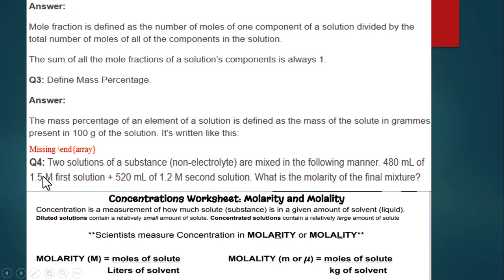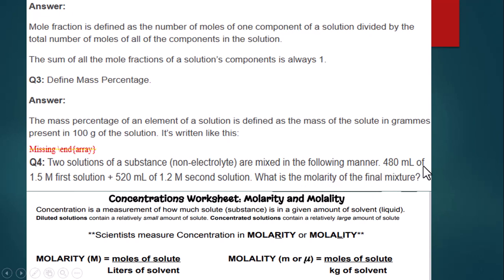But remember, this is just a concentration. Here we have the molarity. So molarity, remember, is concentration, number of moles divided by volume. So we will have 2.7 per 1000 milliliters. That will be the molarity of the final mixture.